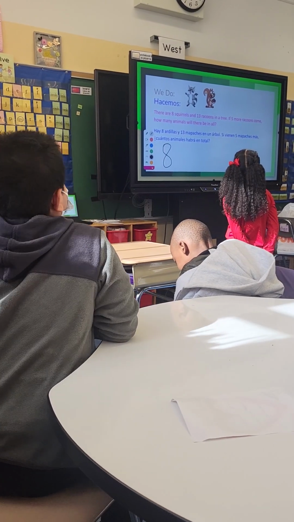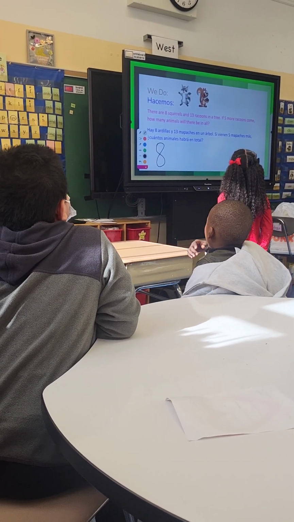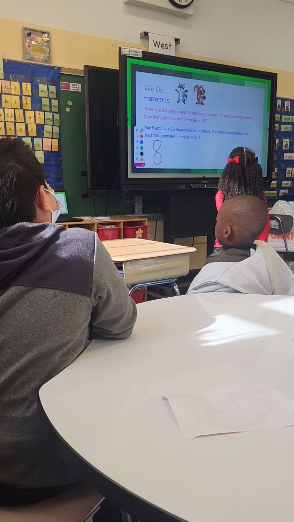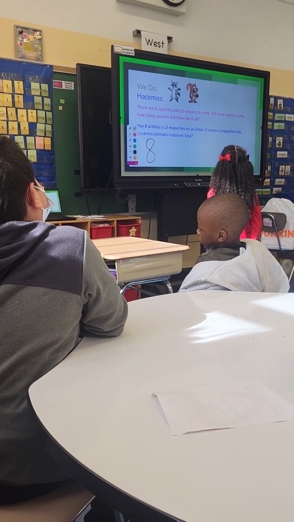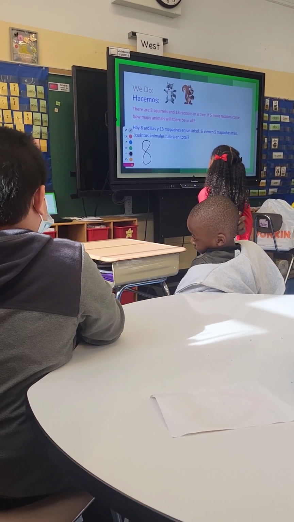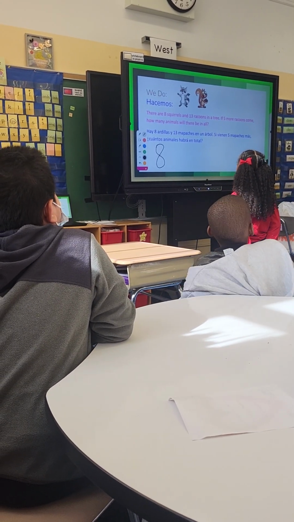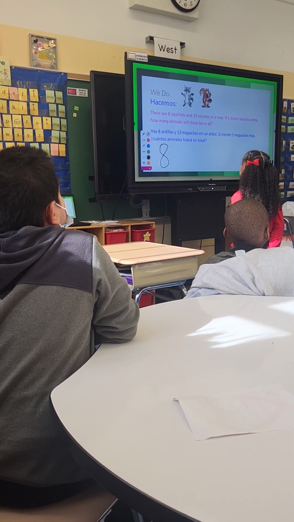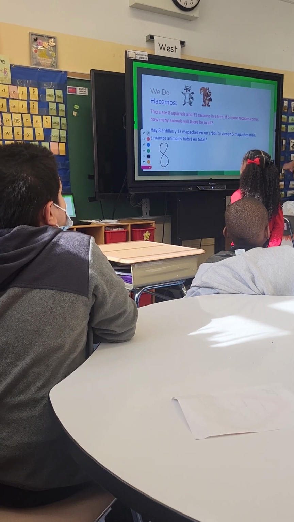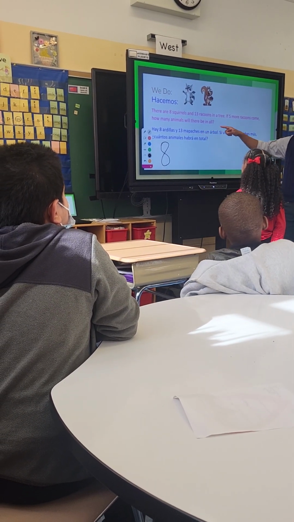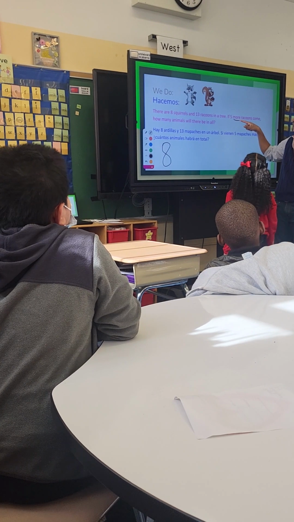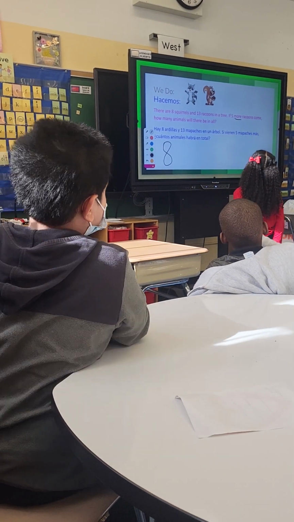So I'm going to read the problem again. There are 8 squirrels and 13 raccoons in a tree. If 5 more raccoons come, how many animals will there be in all? If there are 5 more raccoons, what do we have to do? Think we got to add? Because it says, and you underline it, Samuelette, right here, 5 more. More means to add, right? Yep.